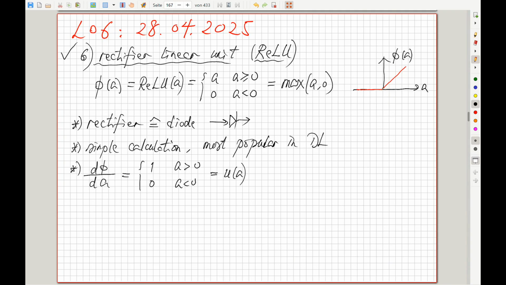And if you are careful, then you realize this rectifier linear unit is not differentiable at the origin, because from the left-hand side, the derivative is equal to 0, and from the right-hand side, the derivative is equal to 1. So what is the particular value? Well, up to you. You can say the value is equal to 0 or 1 if A is equal to 0.